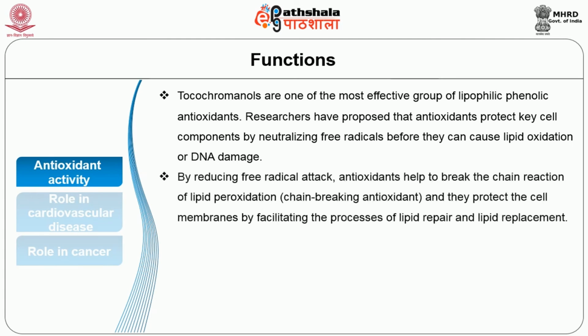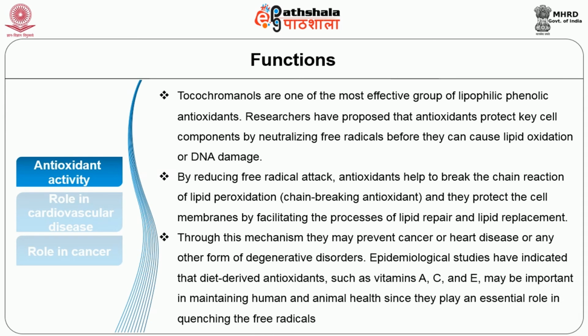By reducing free radical attack, antioxidants help to break the chain reaction of lipid peroxidation and they protect the cell membranes by facilitating the processes of lipid repair and lipid replacement. Through this mechanism, they may prevent cancer or heart disease or any other form of degenerative disorders.